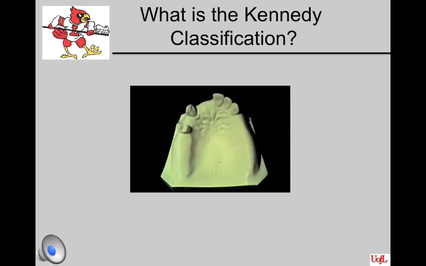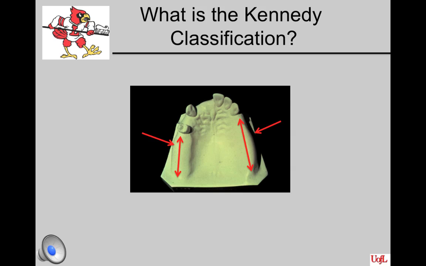Step 1. Are there any areas that you are not going to consider replacing? No, I think you're going to replace everything. Step 2. What's the most posterior area that determines the classification? Well, we really have two areas that determine the classification because we have a bilateral edentulous area posterior to the remaining natural teeth.